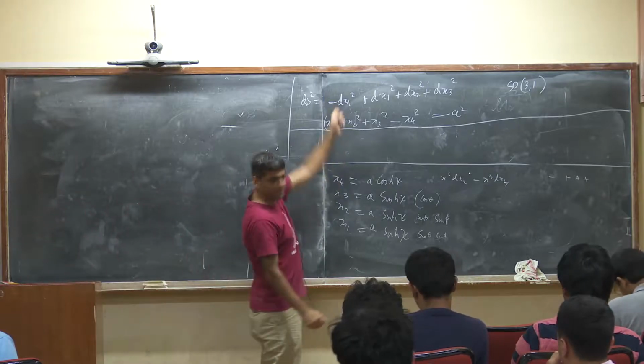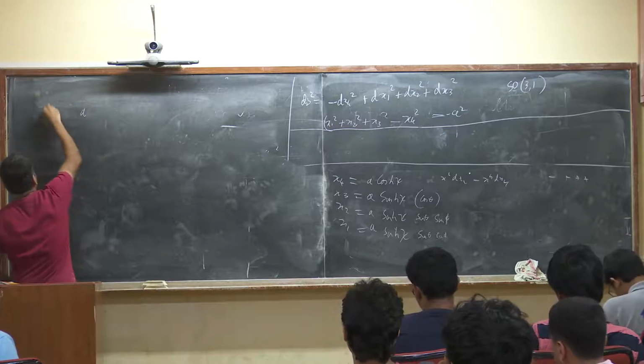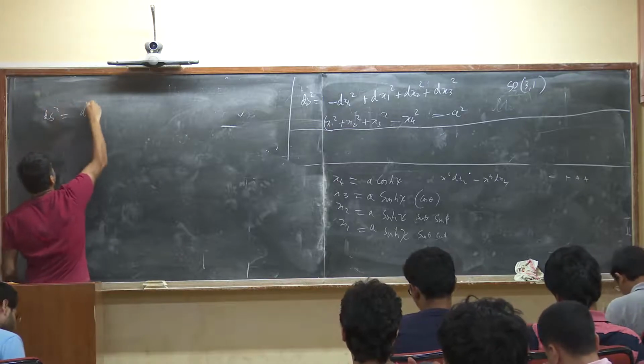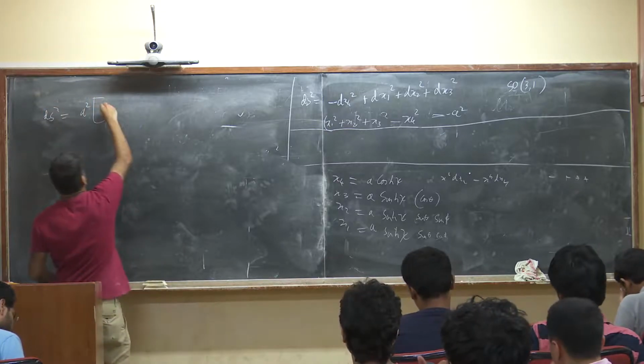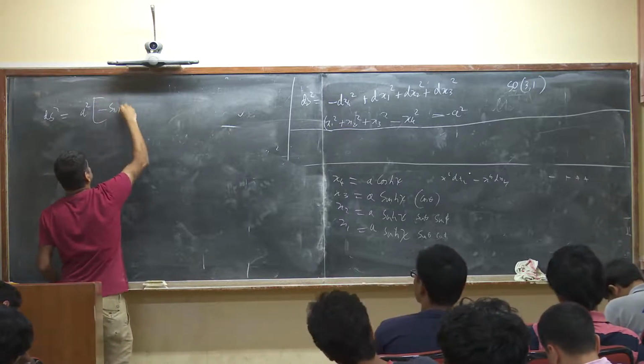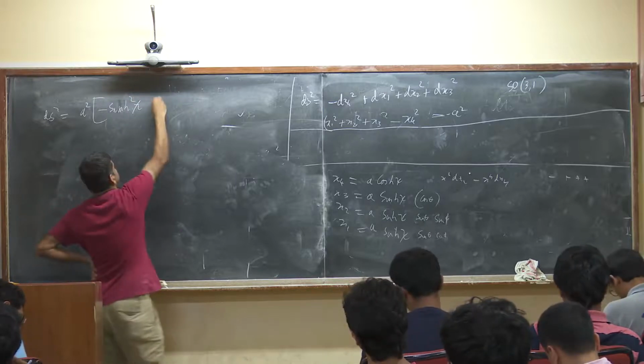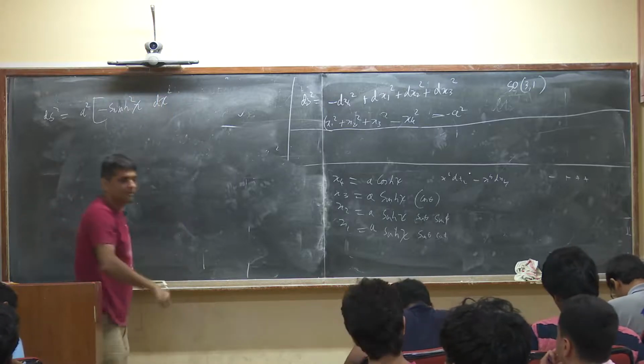Now when we plug this into the metric, we get ds squared is equal to a squared times minus sinh squared chi d chi squared. This is from dx4 squared.